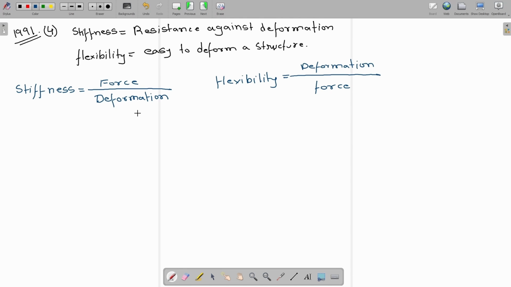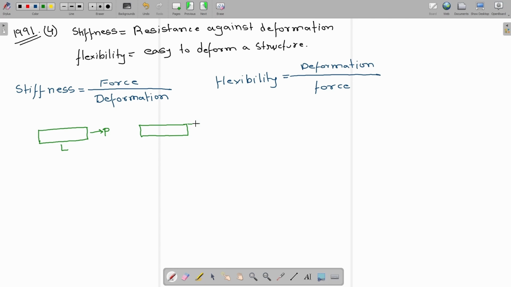However, let me explain this. What is stiffness first? Let me draw a normal structure. So this is my normal structure, and we are pulling it with a force P. The length of the structure is L. So after this pull, the structural element becomes like this.